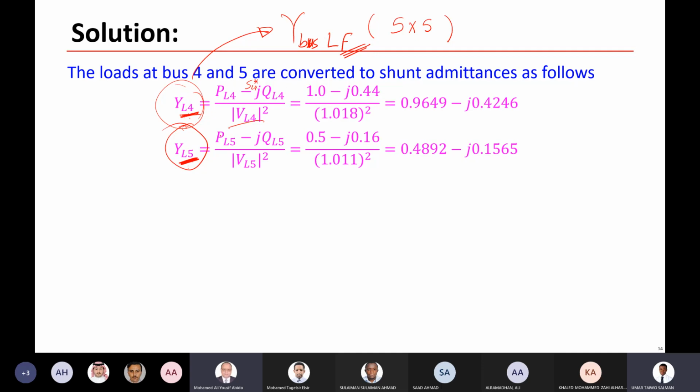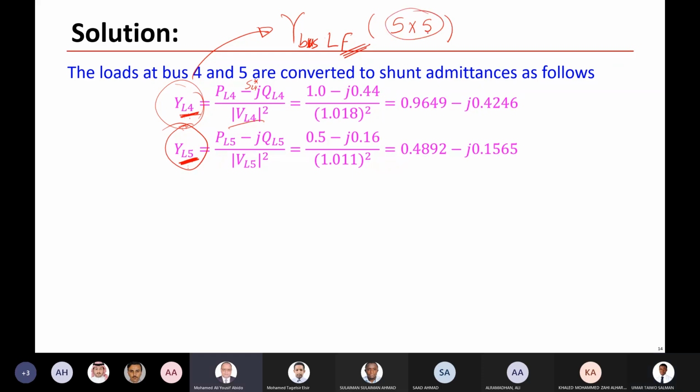We are going to add these loads in the Y bus admittance matrix, to the corresponding elements of the Y bus matrix corresponding to these particular loads. Which entry?